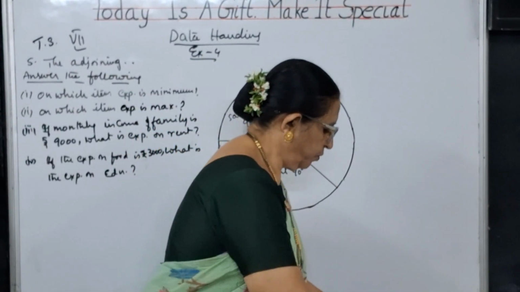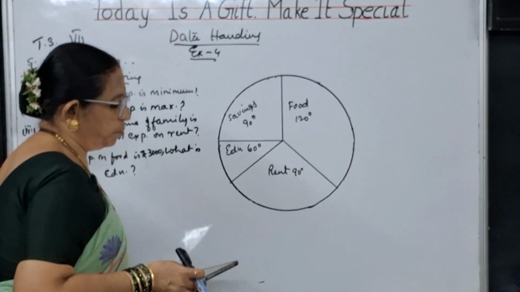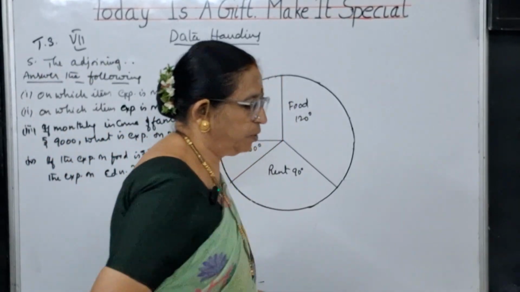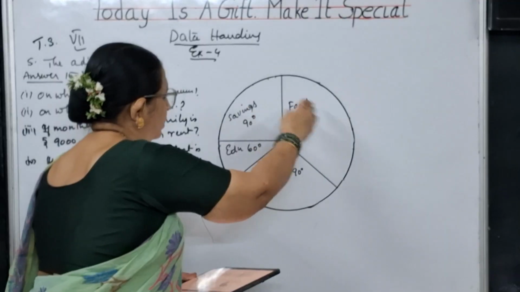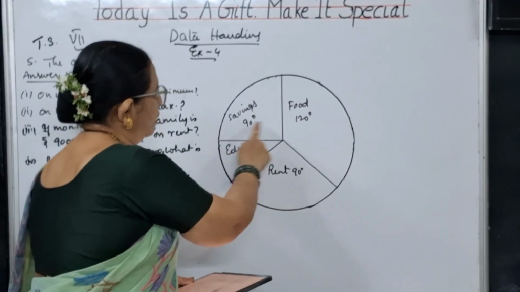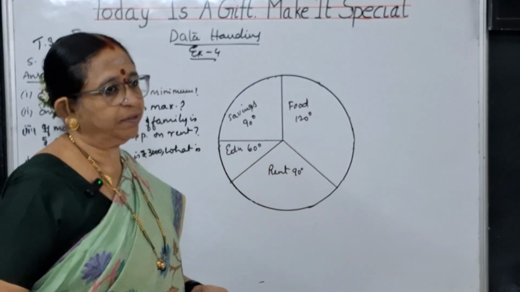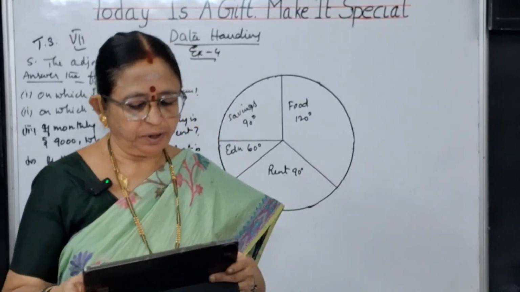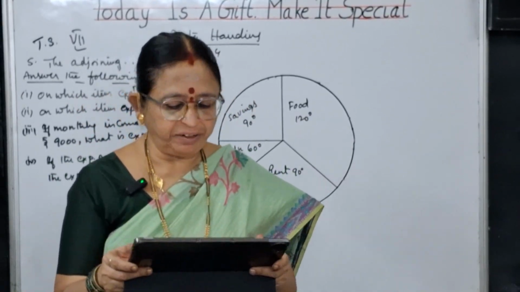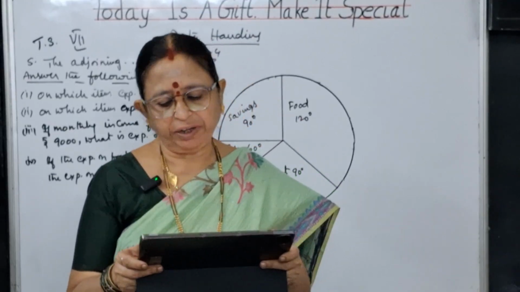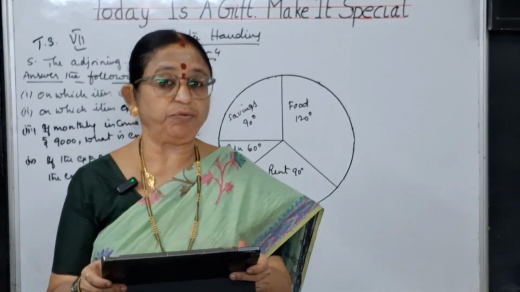Now, fifth problem, children. A pie diagram is given to you. But the difference is that here they have given different shapes. Instead of that, I have written the names. That is the difference I have made on the board. So let me read the question here. The adjoining pie chart gives expenditure on various items during a month for a family.